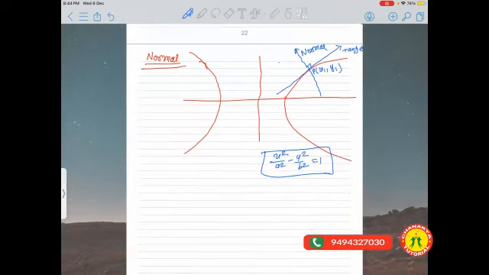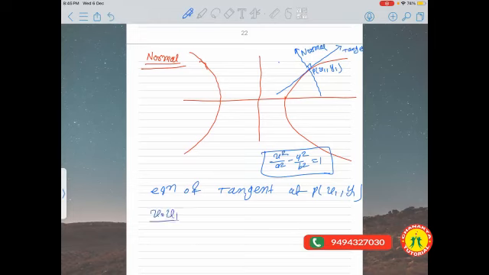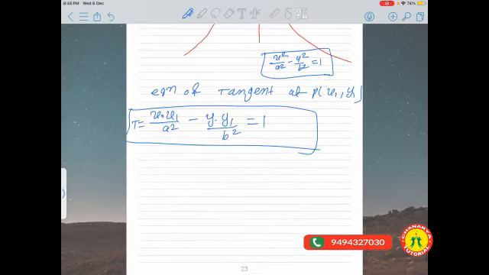So first of all you can write na, equation of tangent. Equation of tangent क्या होगा, equation of tangent at P that is x1 comma y1. So equation of tangent is x into x1 by a square minus y into y1 by b square equal to 1. Now can you find the slope of tangent?